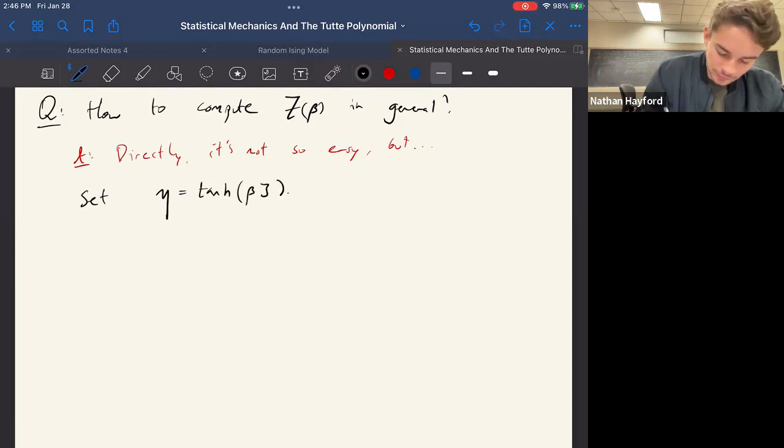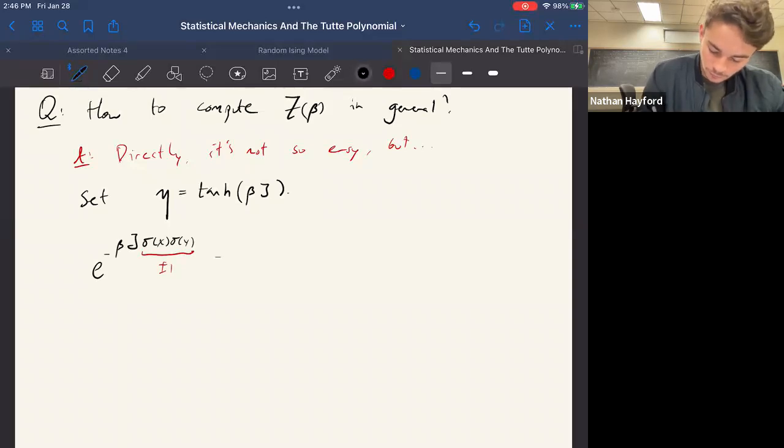Using an identity. So here's an identity. Remember that the product sigma x sigma y of these two numbers is plus or minus 1. So this is really just either e to the beta j or e to the minus beta j.